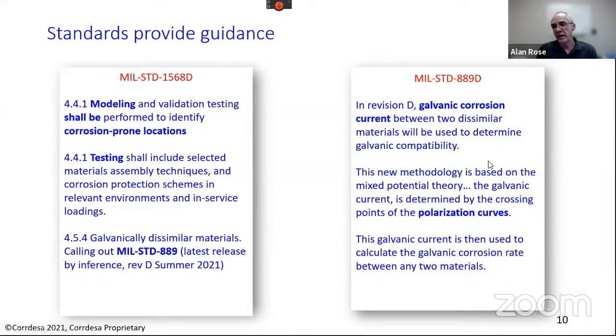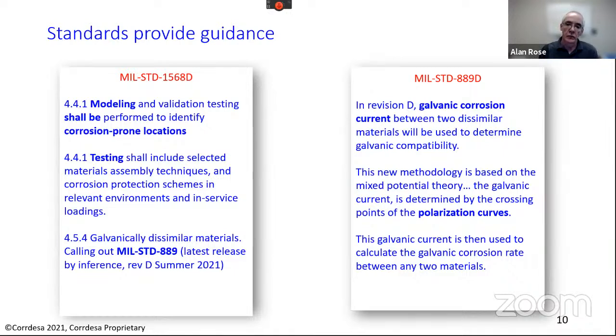In MIL standard 889D, for galvanic corrosion between dissimilar materials, not just metals, it can be carbon fiber composites and metals and alloys. Even sealants contain metallic particulates that can make them conductive and cause issues.